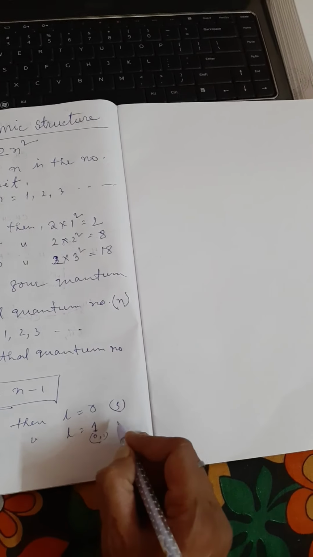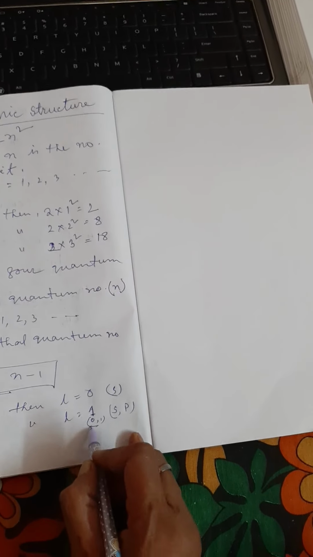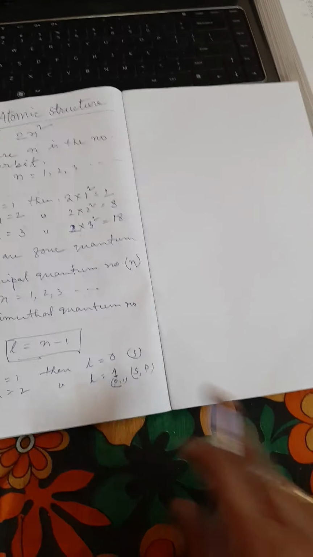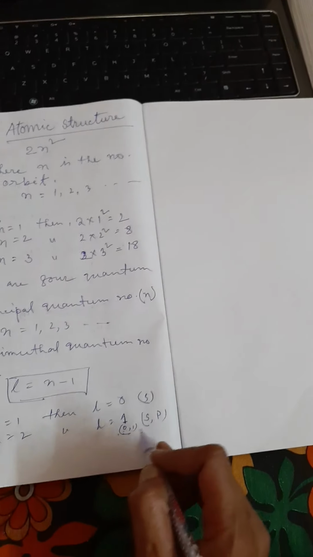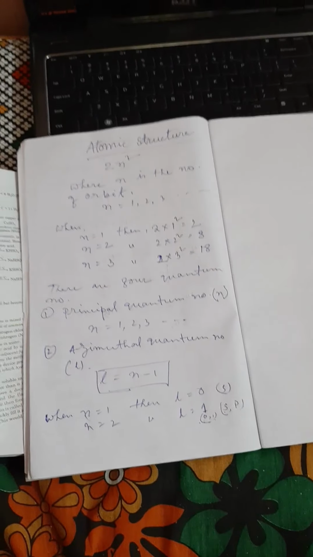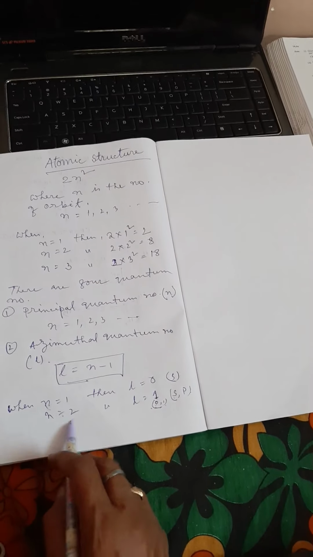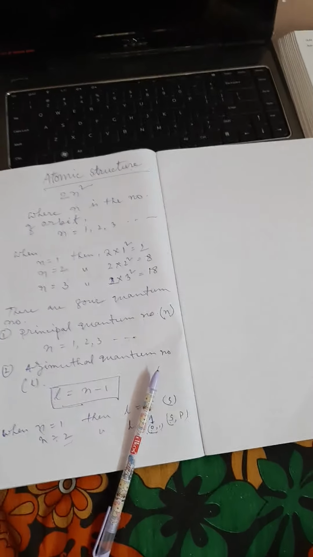That means s and p. For 0 it is s, and for 1 it will be p. So n equals 2, the second orbit, can have two subshells, one is s, another is p.